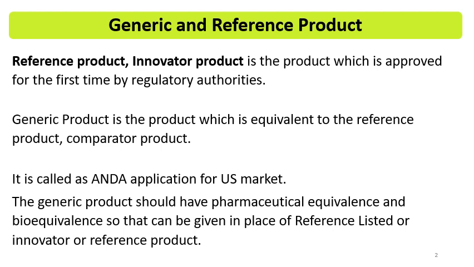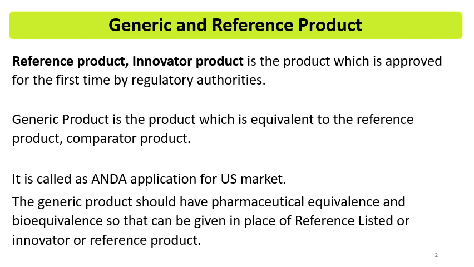And generic product is the product which is equivalent to the reference product or comparator product or RLD or the innovator product. And generic product is also known as ANDA, or abbreviated new drug application, if you work for the US market.